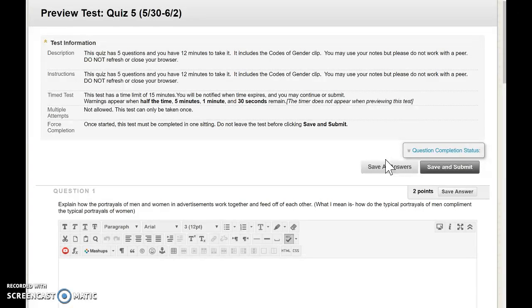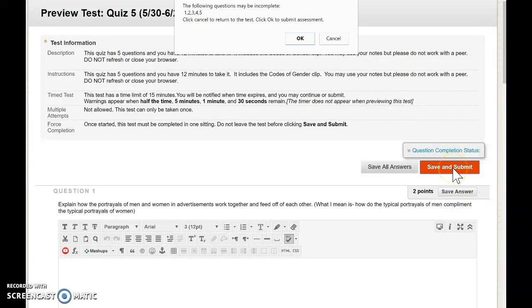That works really well with what the Codes of Gender video claimed, that women are often seen as infantilized, as childlike, as weak, and as vulnerable, right? So that hyper masculine portrayal of men complements nicely this notion that a lot of advertisers portray women as weak and vulnerable. So that's how they work together.